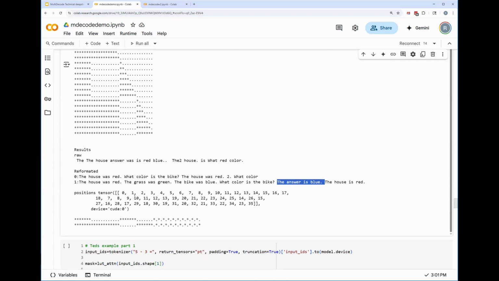The positions, I don't know if I want to go through in here exactly. One thing I'd say is that here, so this was the prompt that followed this part.